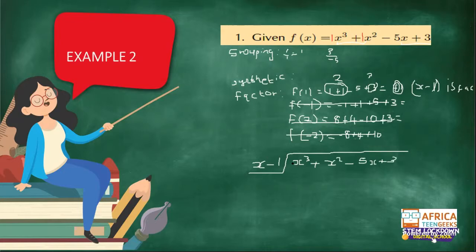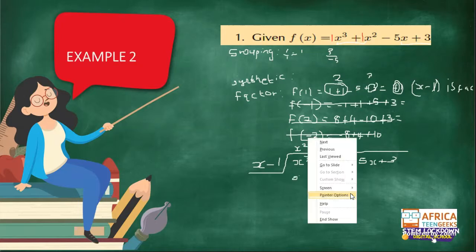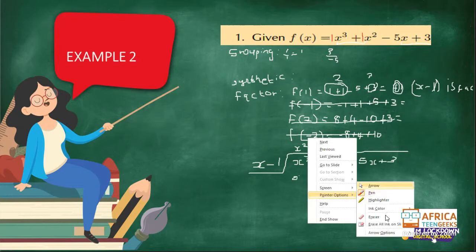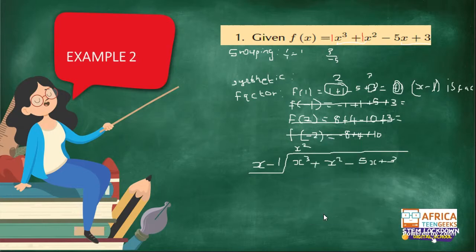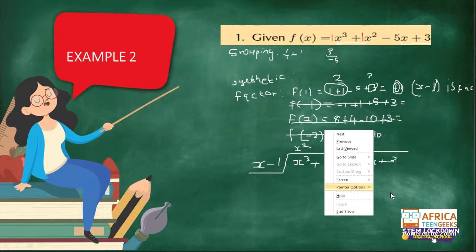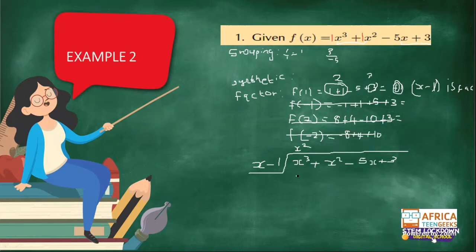Okay. Then you say x cubed divided by x. This is x squared. Then this times that, it's x cubed, okay?